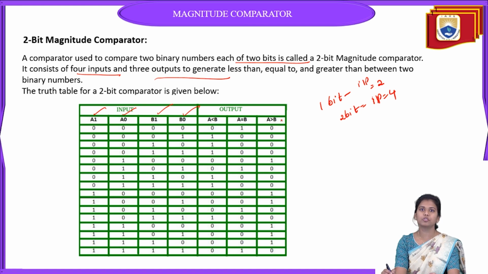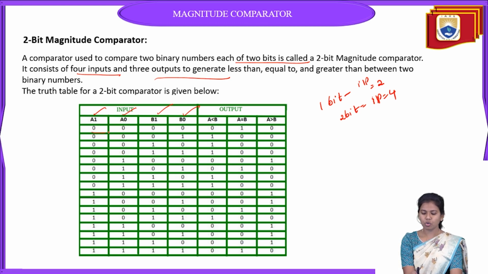So the truth table for the 2-bit comparator is here. For the combination 0, 0, 0, 0, all are 0, right? So for A1 A0 B1 B0, this equal condition has been satisfied. Coming to the next one, A is 0, 0, but B is 0, 1, isn't it? So B has a 1.